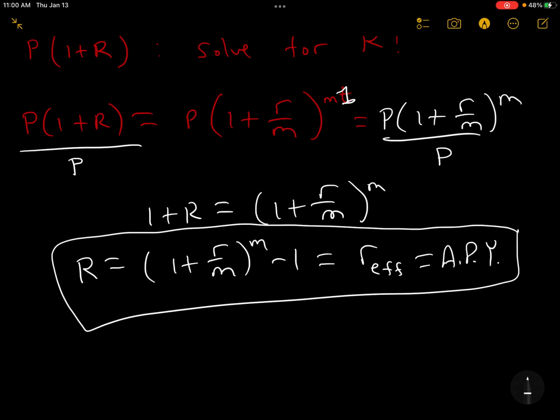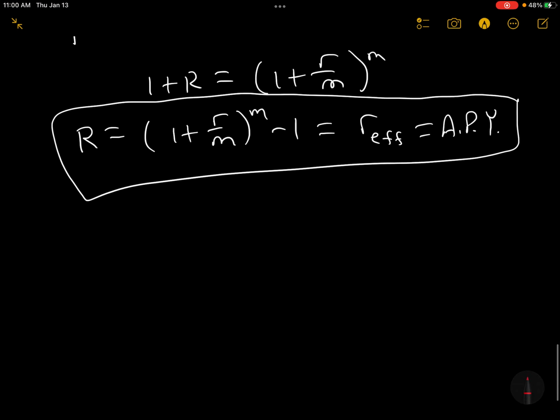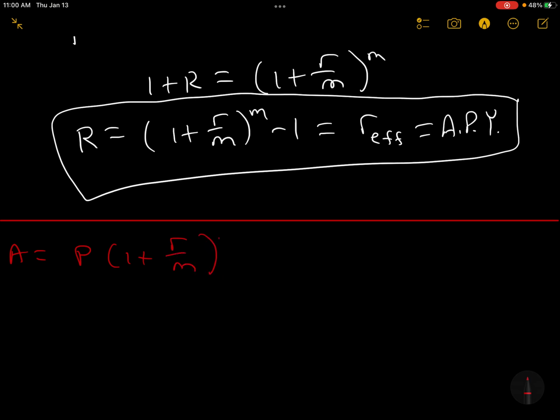All right. So going back to this formula, which is really what today's whole talk is about, how can we solve for all of these different variables?